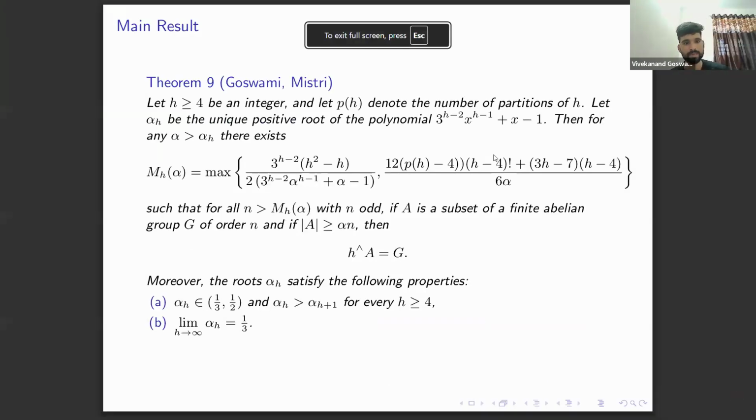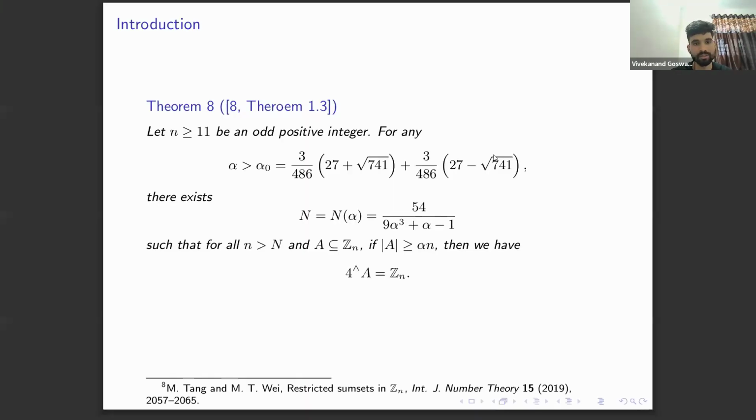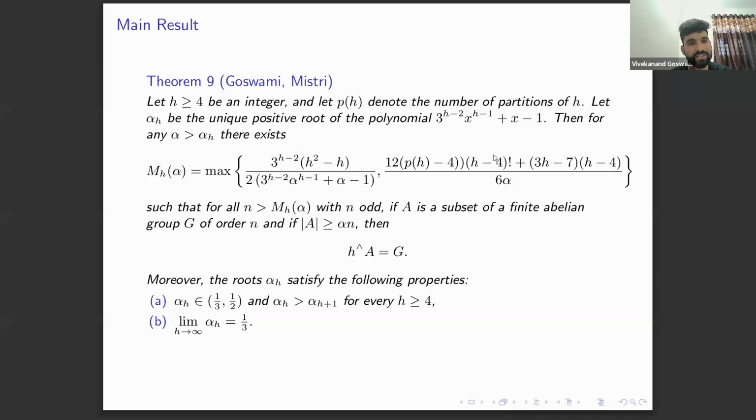Okay. So I will explain it one more time. Theorem 9 is the main theorem that generalizes the previous theorem 8. Theorem 9 states that let h greater than or equal to 4 be an integer and let p(h) denote the number of partitions of h. Let alpha h be the unique positive root of the polynomial (3h minus 2) x^(h minus 1) plus x minus 1.